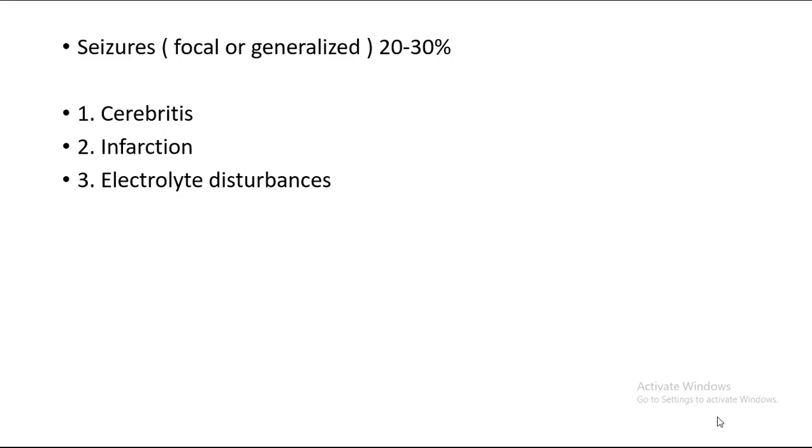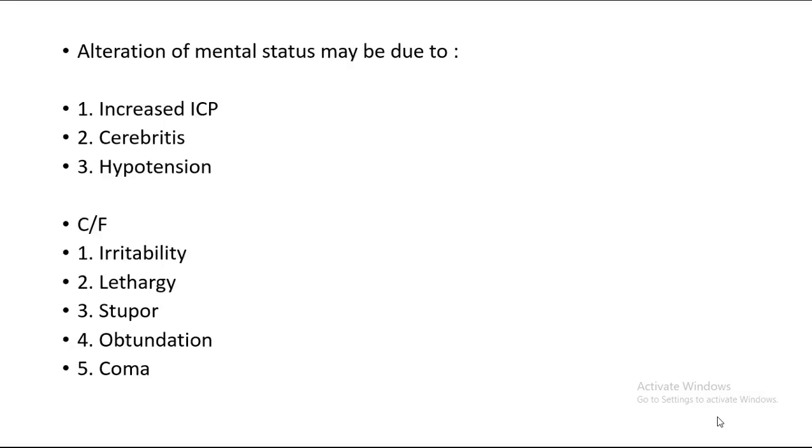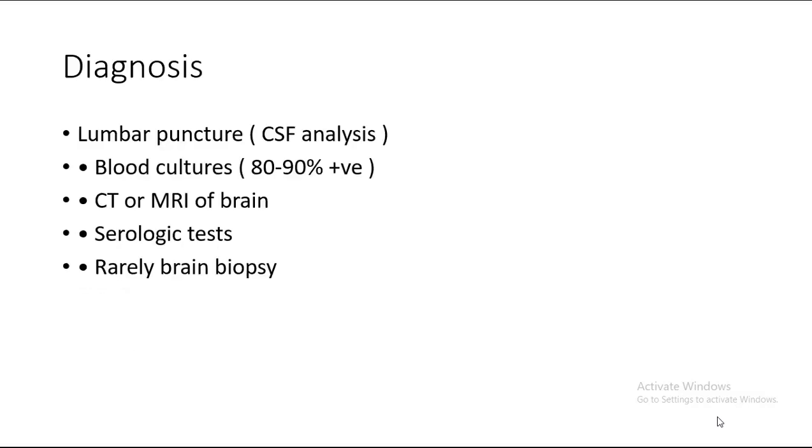Seizure can occur in 20 to 30% of cases, and they are usually due to cerebritis, infarction, electrolyte disturbance, especially sodium. Alteration in mental status is caused by increased intracranial pressure, cerebritis, or hypotension. And we mentioned its manifestations.